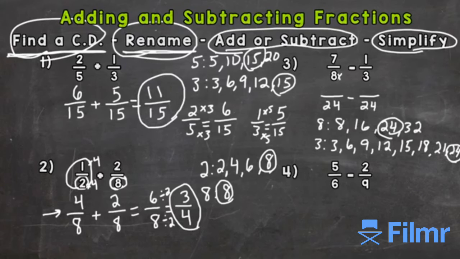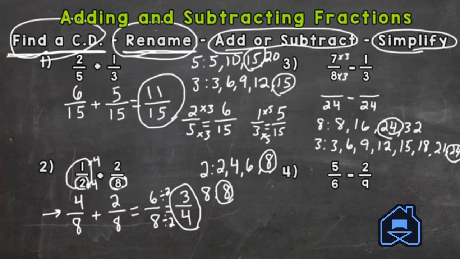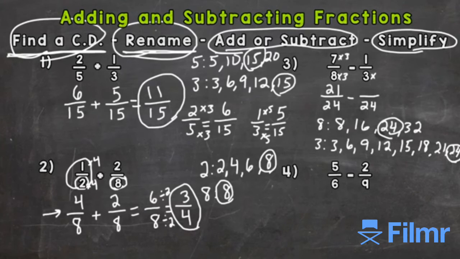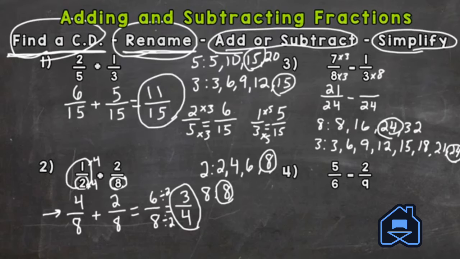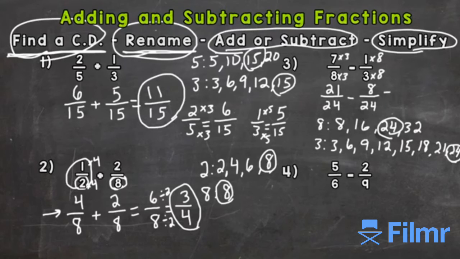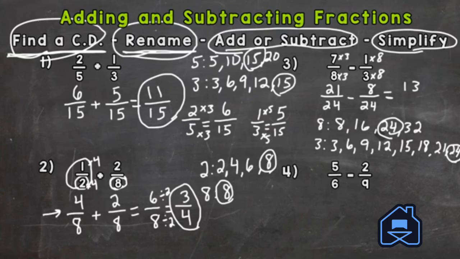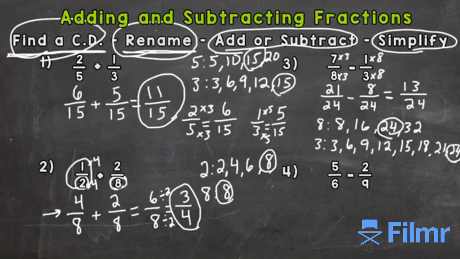So 8 times 3 is 24, and 7 times 3 is 21. 3 times 8 gives us the denominator of 24, so 1 times 8 is 8. 21 minus 8 equals 13, and keep our denominator the same.